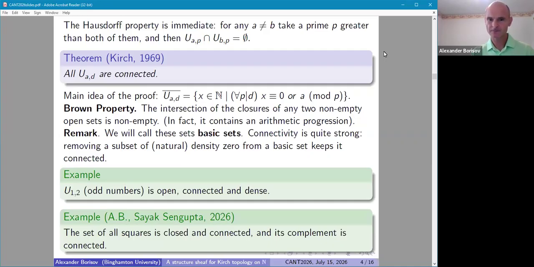The set of all squares is closed and connected, and its complement is connected. Connectedness of the complement is because it has density 0. The set of squares is connected because the x-squared function is continuous in Kirch topology. And it's closed because if the number is not a square, then it's not a square modulo some prime.